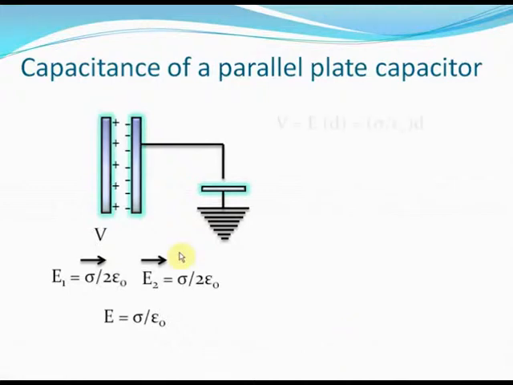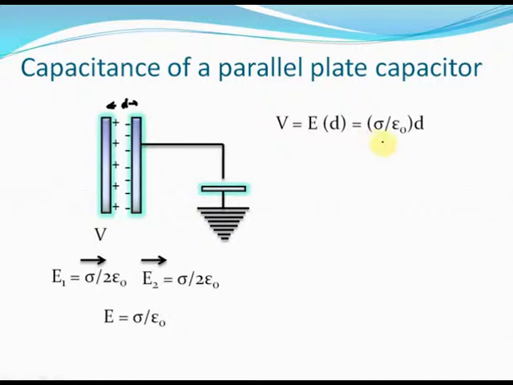So clearly the potential difference in the region in between the plates will be integral E dot dr, isn't it? And since the electric field is constant, we can say that the potential difference will be E into d, where d is the distance between the two plates. This is d here, isn't it?